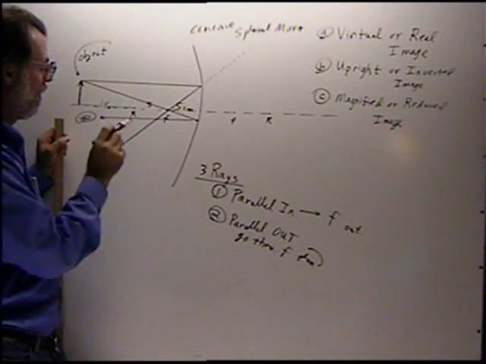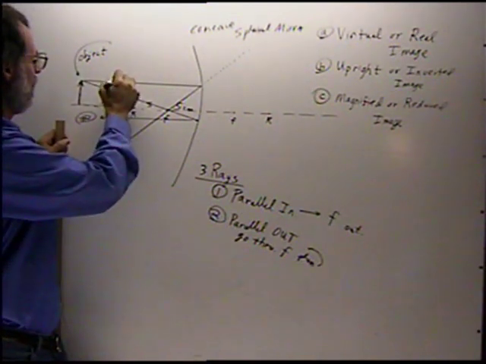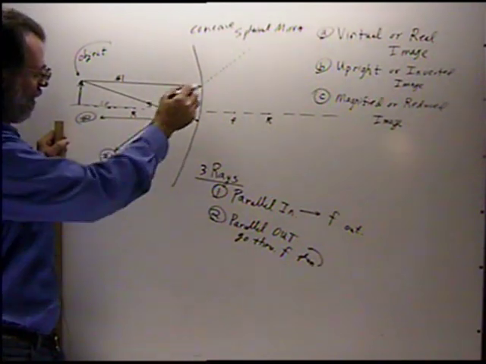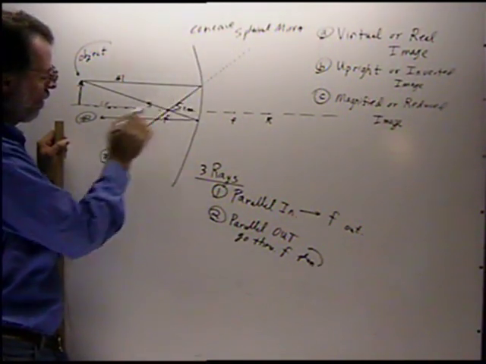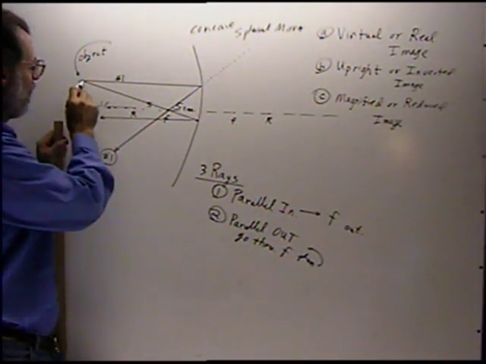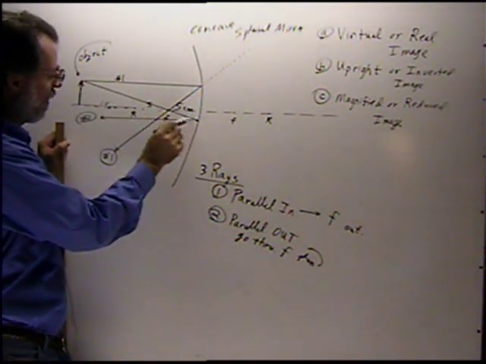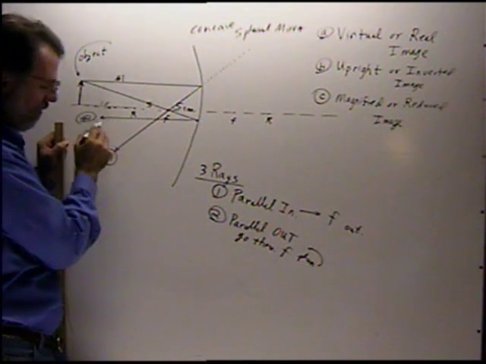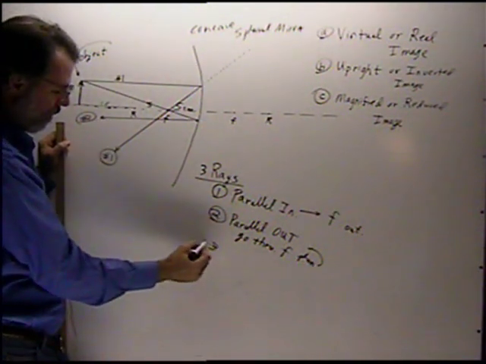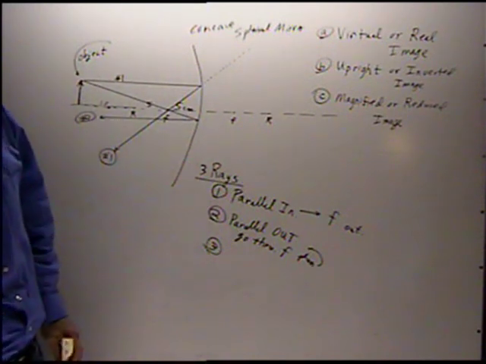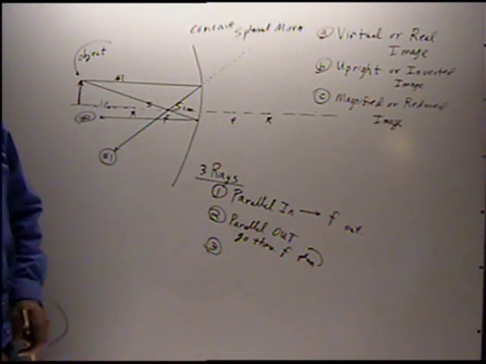So ray number 1 is parallel in and reflects through the focal point. Ray number 2 goes through the focal point, but it's parallel out.